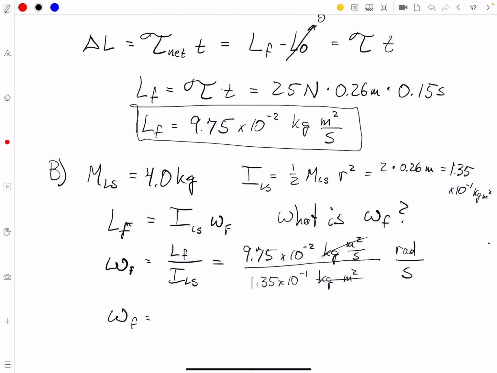And let's do a little division. 0.135 divided by 1.35.